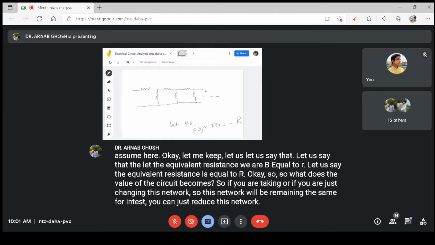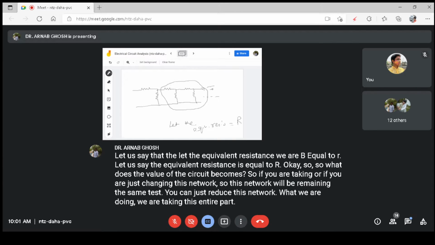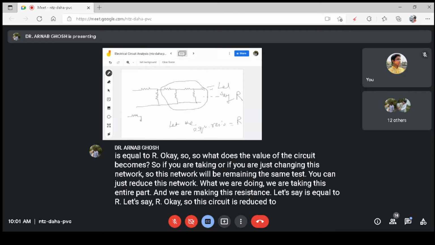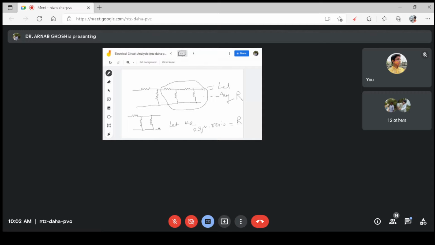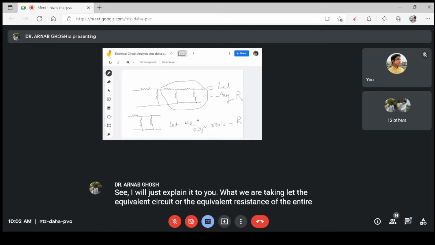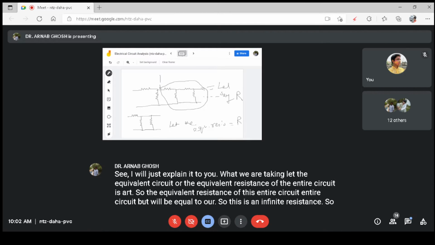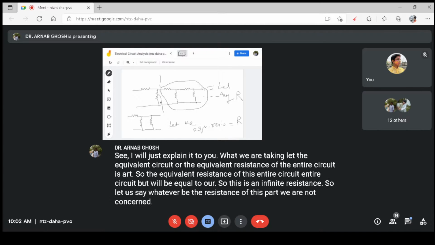This entire part, we are making this resistance equal to R. The equivalent resistance of the entire circuit is R. This is an infinite series, so whatever be the resistance of this part, we are not concerned.